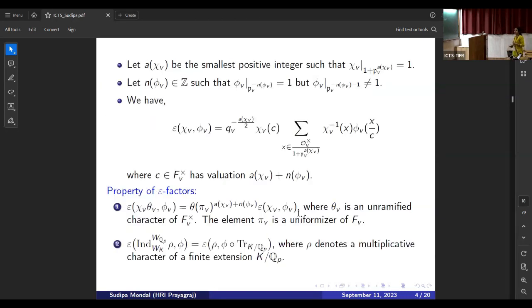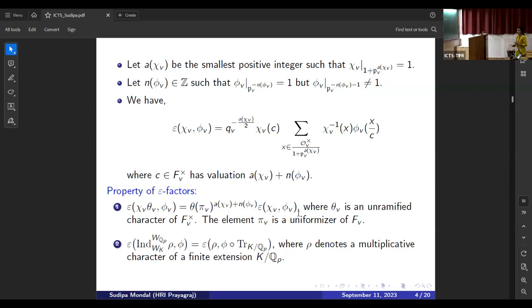Now if we take a finite extension K of Q_p, and a character of K star, then we can use the Artin isomorphism and get a character of the Weil group W_K. If we take the induction of that character, we get a representation.